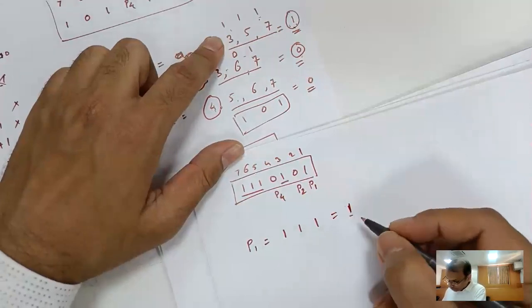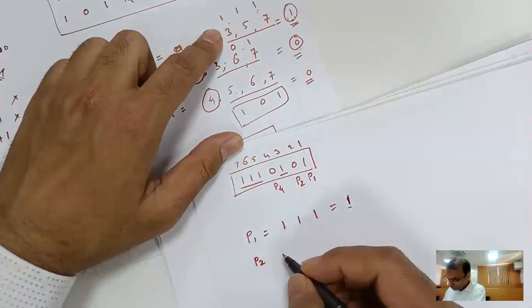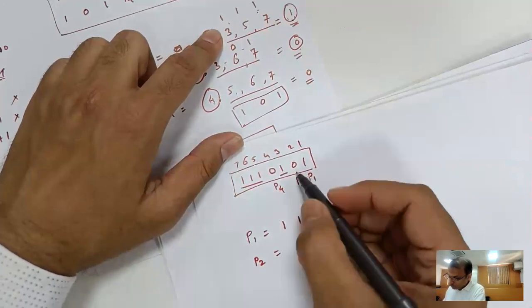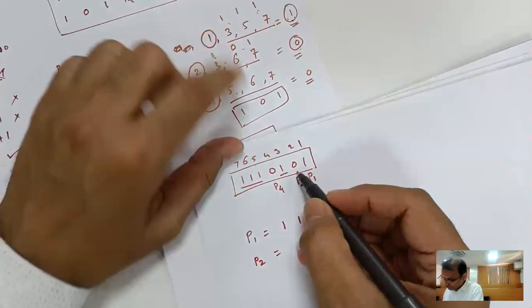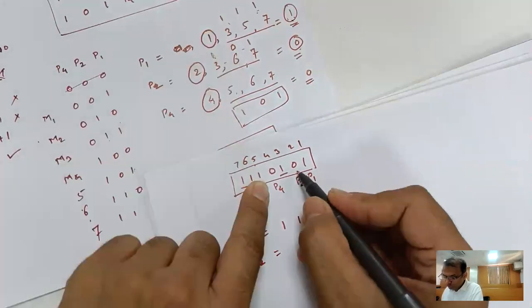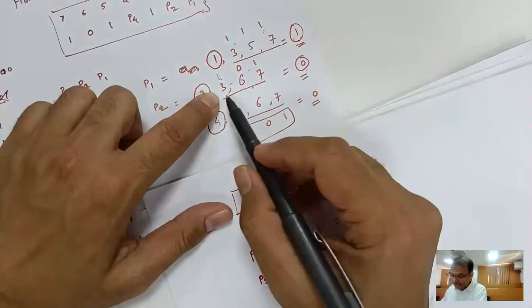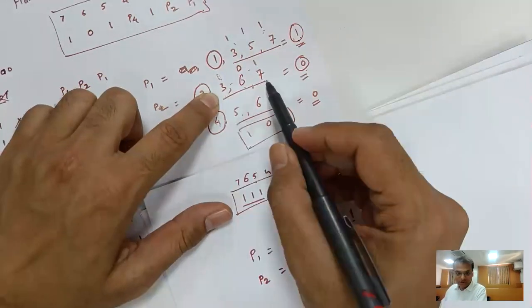Okay. Now for P2, you calculate the value again. For P2, you know that the data bits you have to check are 3, 6, 7.